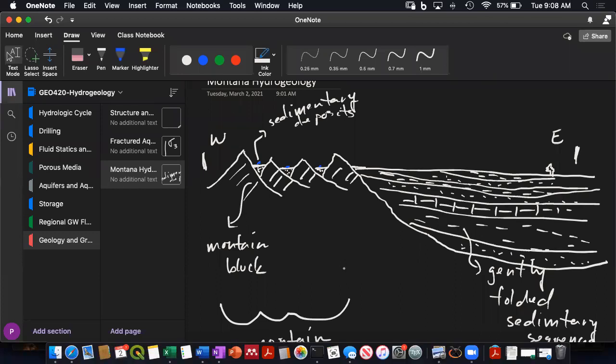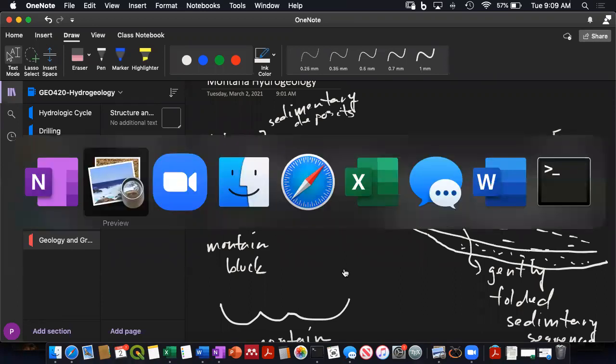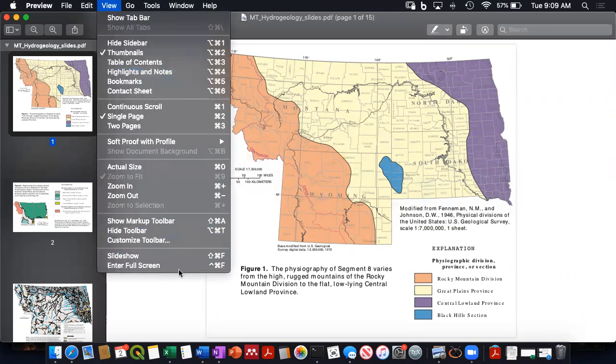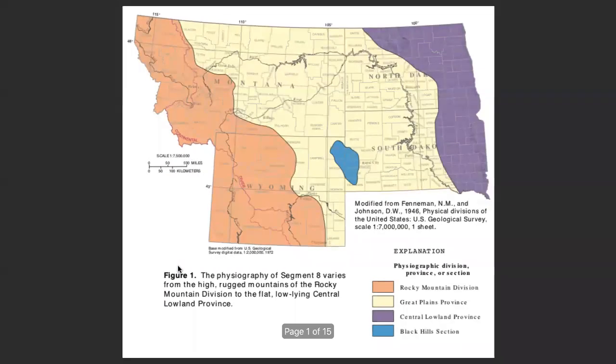The groundwater regions of Montana. So this is a map from the groundwater atlas published by the USGS.